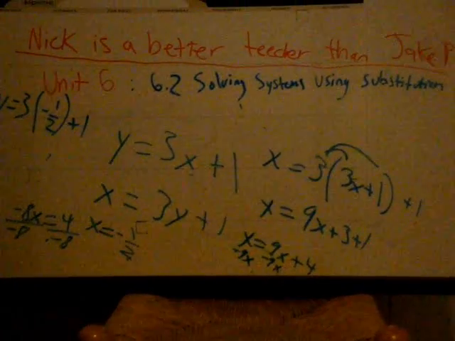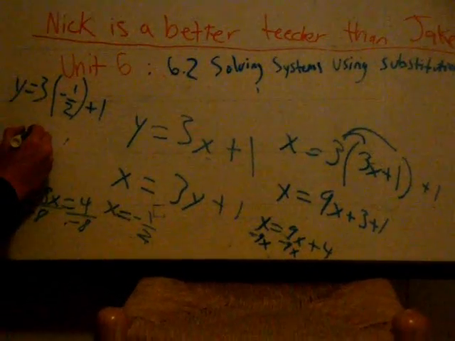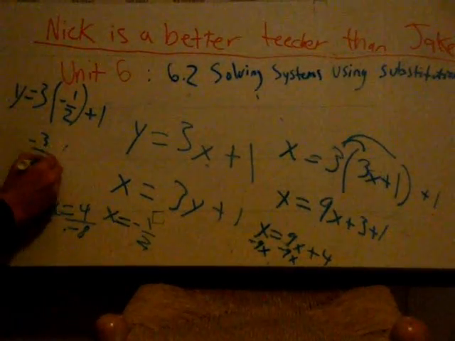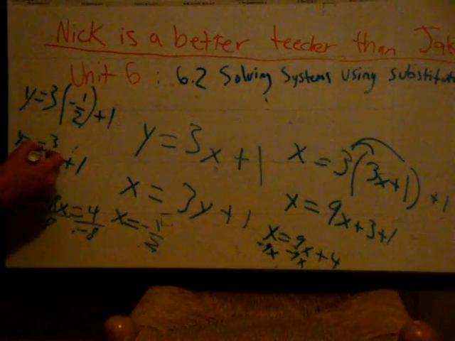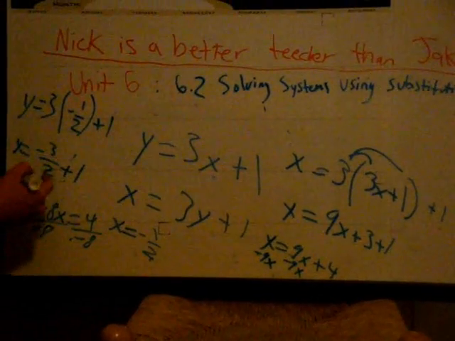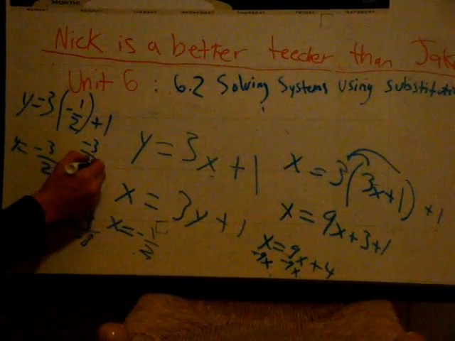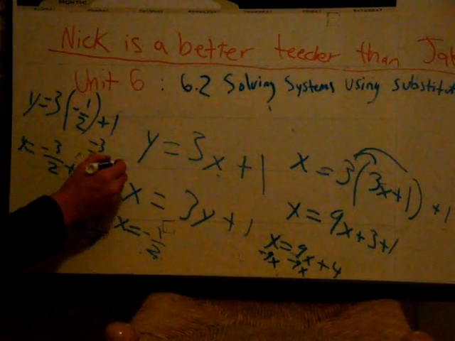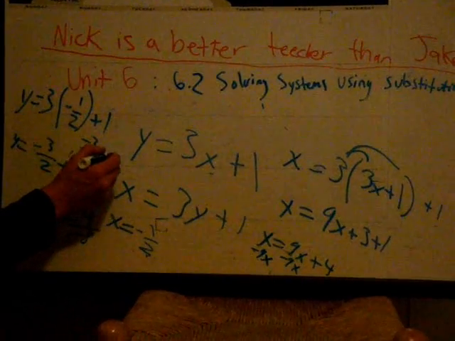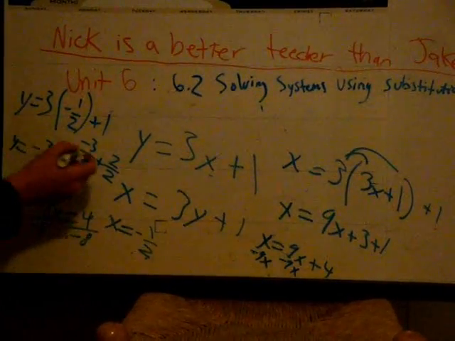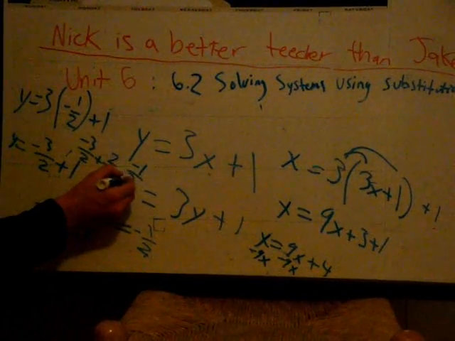So we've got to multiply those together, which is negative 3 over 2 plus 1. y equals negative 3 over 2 plus 1. And then we add these together, which is the same as negative 3 over 2 plus 2 over 2, which would give us negative 1 over 2.